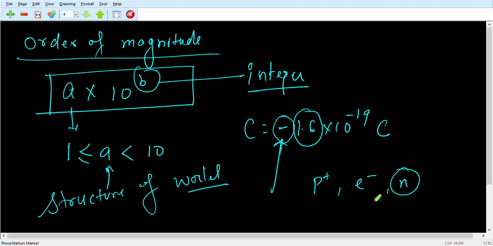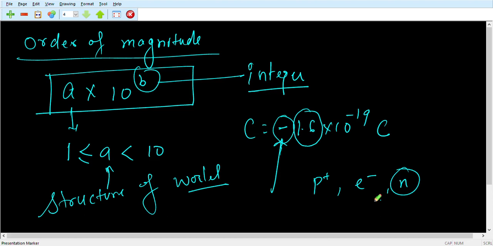So in physics, the structure of the world is not so easy. A large number of atoms combine to form an object or molecule of a large size. However, the laws that we generally deduce for these macroscopic objects are not always applicable to atoms, molecules, nuclei or elementary particles.